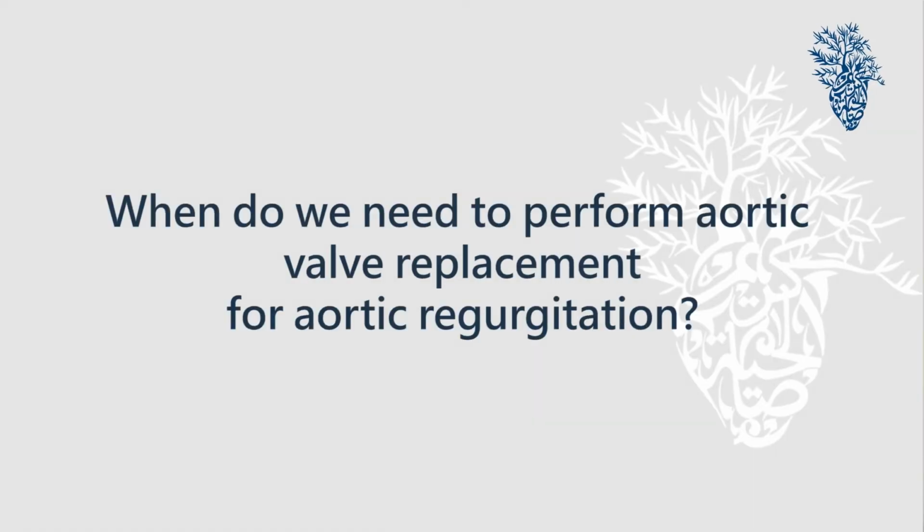When do we need to perform aortic valve replacement for aortic regurgitation? Aortic valve replacement for aortic regurgitation should be performed when the patient is experiencing symptoms in the presence of severe aortic regurgitation. It also must be done fairly soon when there are signs of deterioration of the ventricular function and dilatation of the heart.